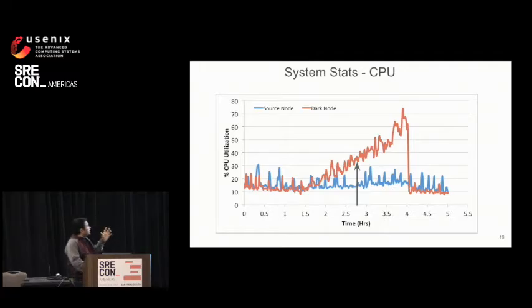The same way, you can monitor the system CPU and make sure how your system utilization looks. At that time we measured about 30% CPU utilization on the dark node. So this indicates how much your system can handle.